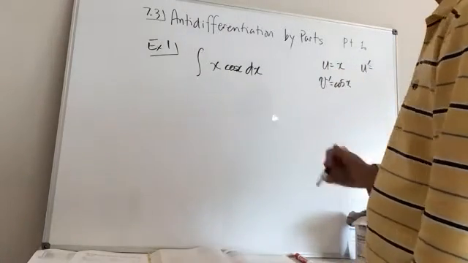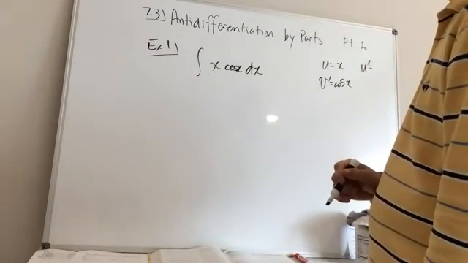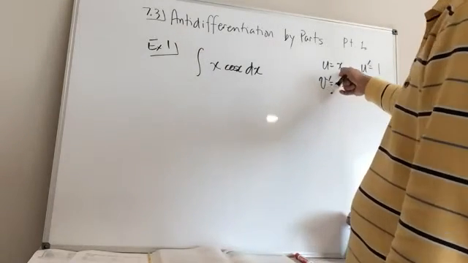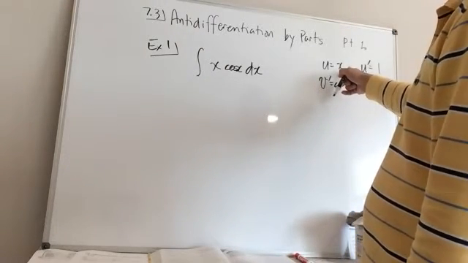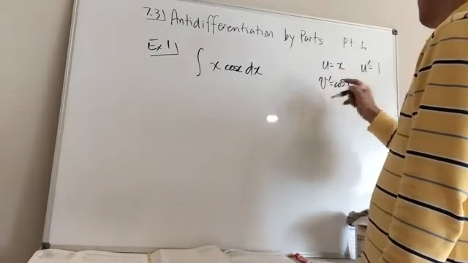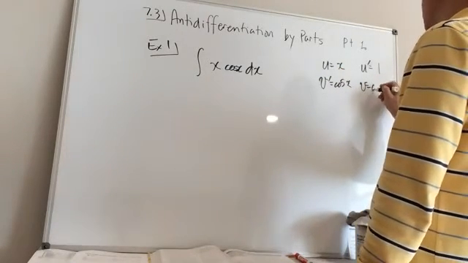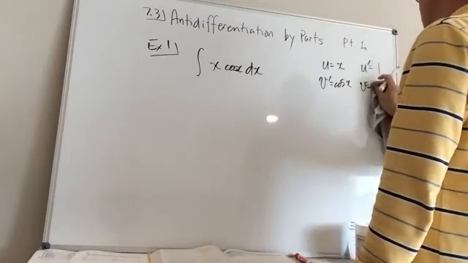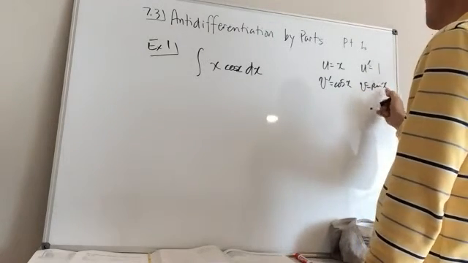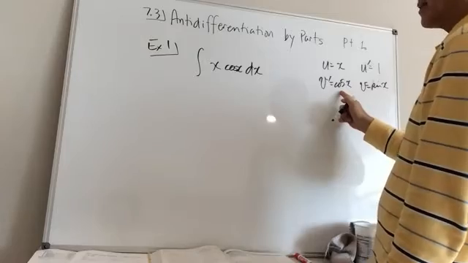If u is equal to x, u prime would be 1, because I take the differentiation with respect to x here. Over here, v is going to be equal to sine x, because when I take the differentiation of this, I get that.